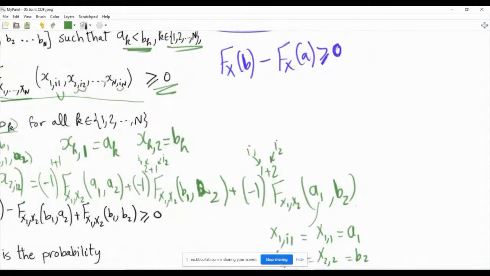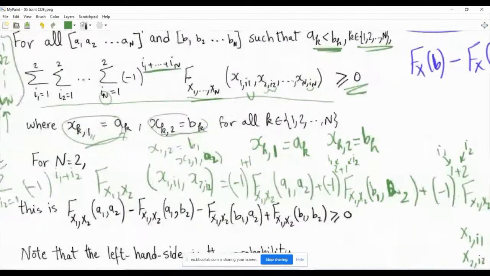And then the last term is minus 1 to the power 2 plus 2. So both guys are equal to 2, and you can verify that in this case, you will get B1, comma B2. Basically, minus 1 to the power an even number is 1, and minus 1 to the power an odd number is minus 1.